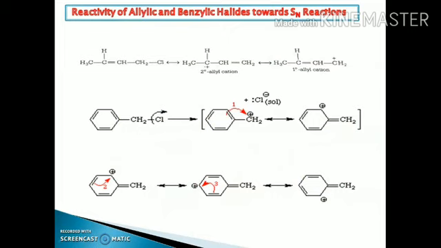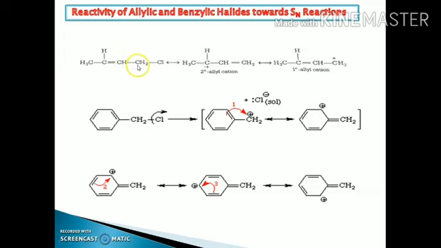Now let us discuss the reactivity of allylic and benzylic halides towards SN1 reactions. Primary allyl halides and benzyl halides show higher reactivity towards SN1 reactions compared to other alkyl halides, due to the greater stabilization of the allylic and benzylic carbocation intermediate by resonance, as shown in this figure.